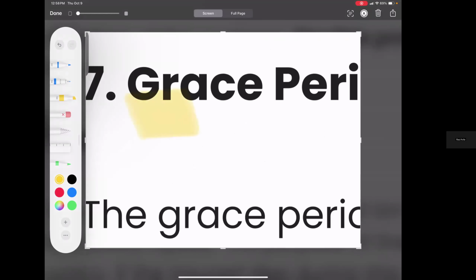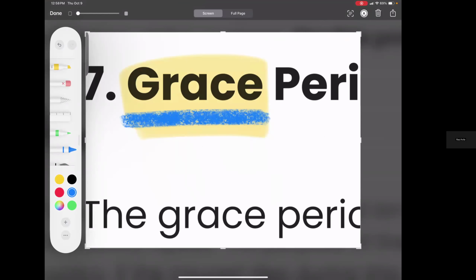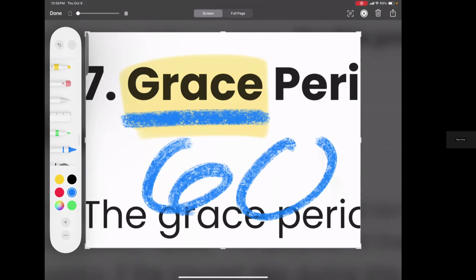Grace means that this is for people that haven't made a payment on their policy, but there's a grace period of 60 days that the policy remains active even though you're late. Even though you haven't made your payments on time. So a 60-day grace period means that if you haven't made your payments and you die within 60 days, the company still pays. The policy is still active.